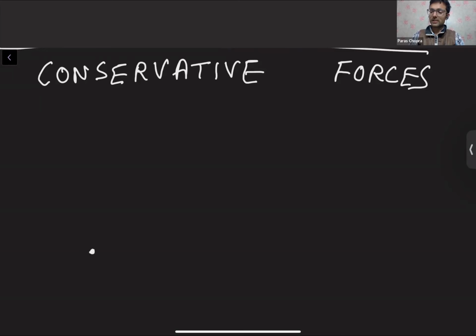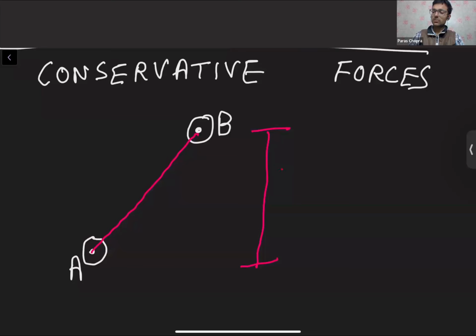So for example, we are calculating the work done by the gravitational force. Let's say this is point A, this is point B, and we take a mass m from point A to point B along this straight route. Let's say the height difference between points A and B is h.